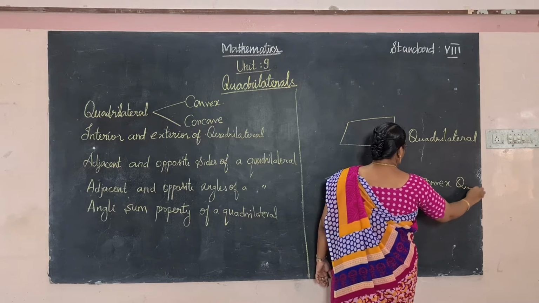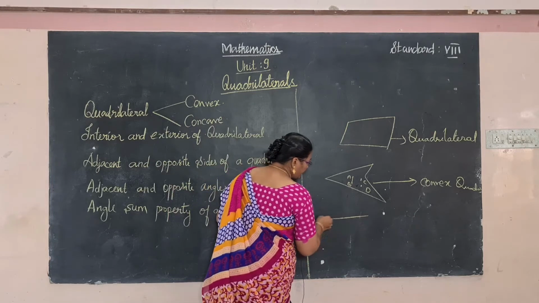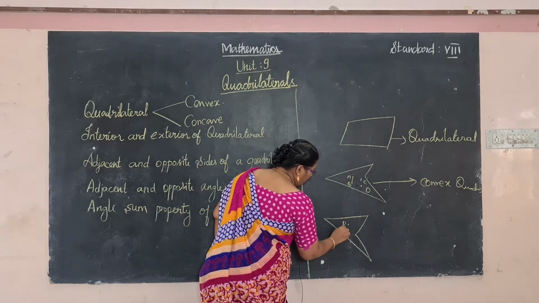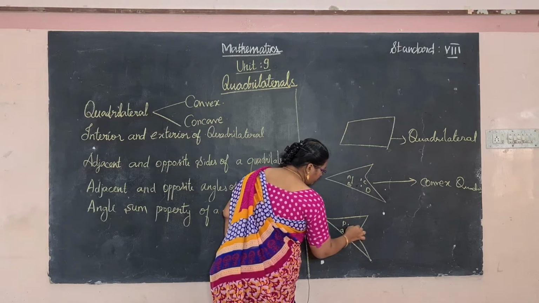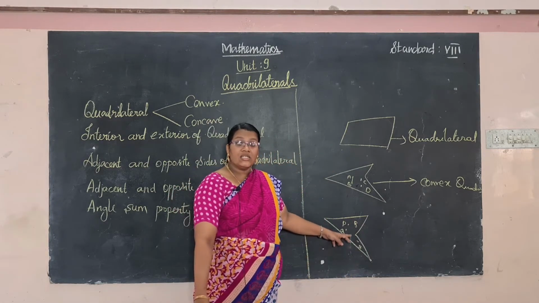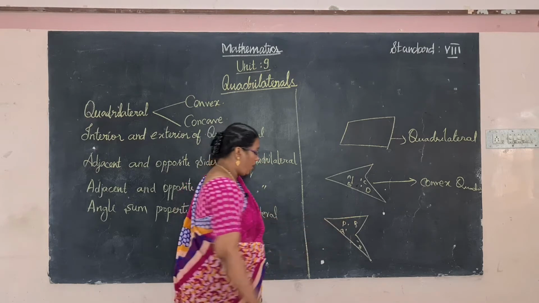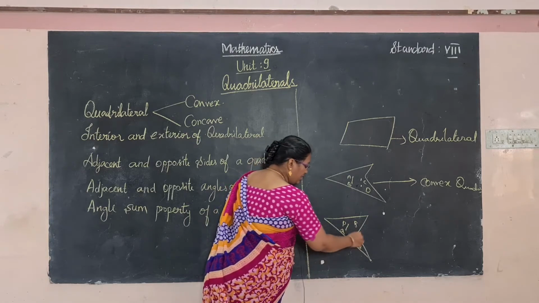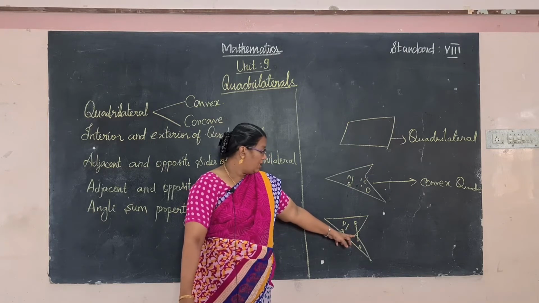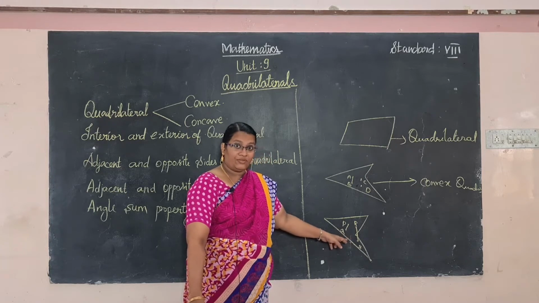Okay, and then concave quadrilateral, PQRS. If we consider 2 points inside of the quadrilateral and then join those points, we get the line segment, which may or may not be inside of the quadrilateral.